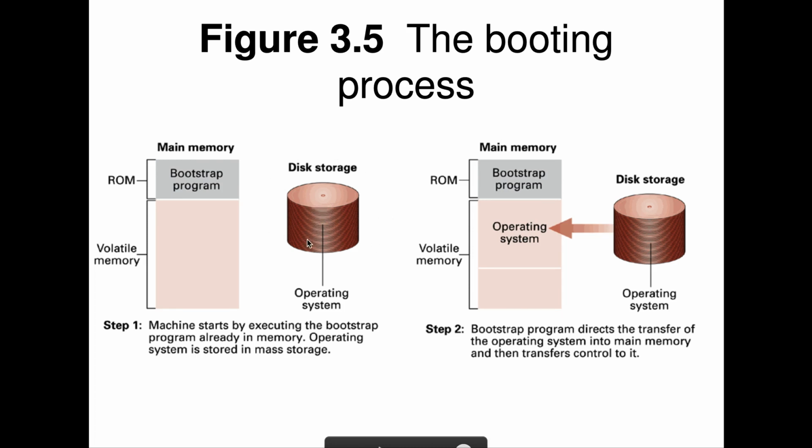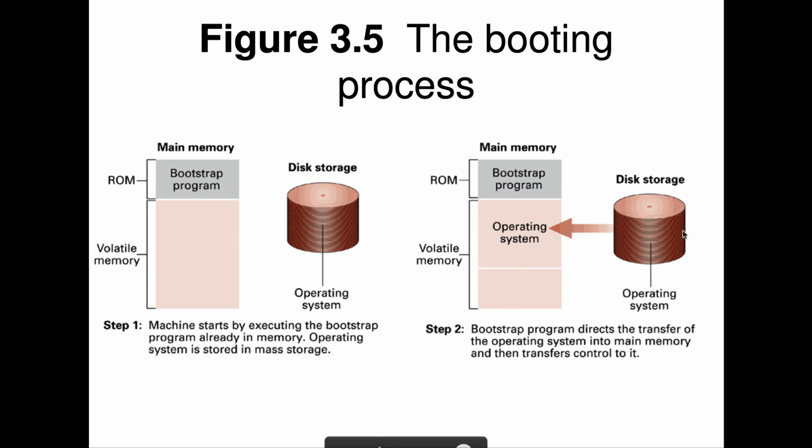Now when you push the power button, at the moment your power button is pushed, the bootstrap program in ROM will be run. And what does the bootstrap do? The bootstrap will access the disk and read the essential portion of the OS, and then load that OS into the volatile memory.